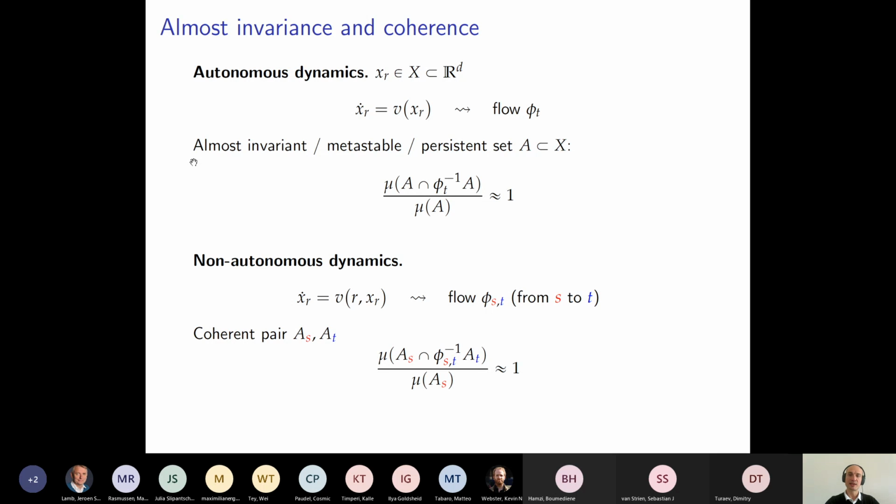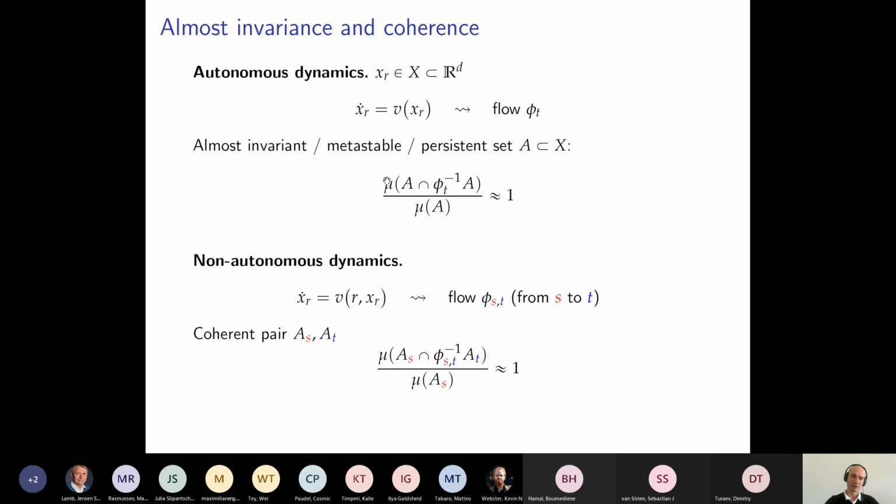And now I can say that a subset of state space A is almost invariant, metastable, or persistent. These are now synonymous if, with respect to some measure mu, how I want to measure things, most of A is mapped back to A after time t.